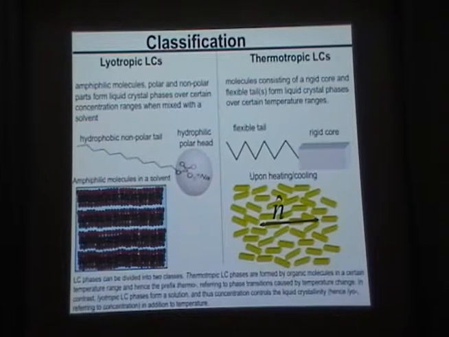You can probably guess, even from the name, that in thermotropic liquid crystals, the liquid crystal state is observed somewhere in the temperature range between the isotropic state at higher temperature and the crystal state at lower temperature, right? So in those materials, the liquid crystal behavior is observed as you change temperature.